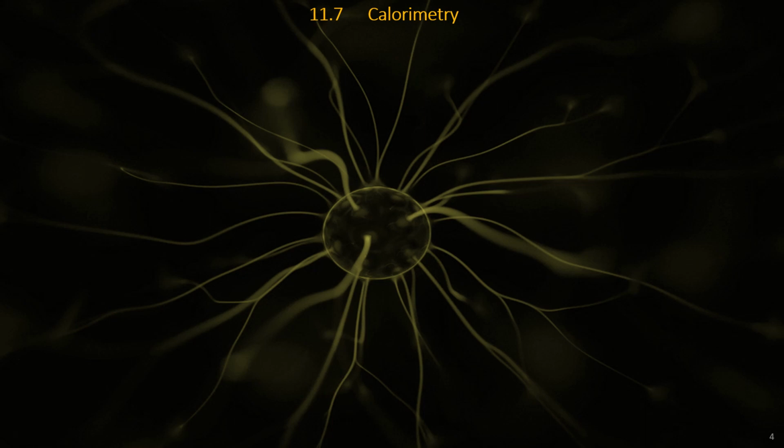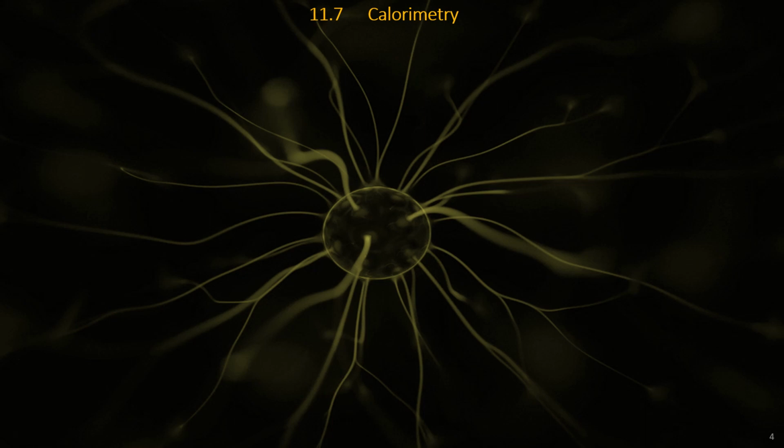Now we will study calorimetry. A system is said to be isolated if no exchange or transfer of heat occurs between the system and its surroundings. When different parts of an isolated system are at different temperatures, heat transfers from the part at higher temperature to the part at lower temperature.